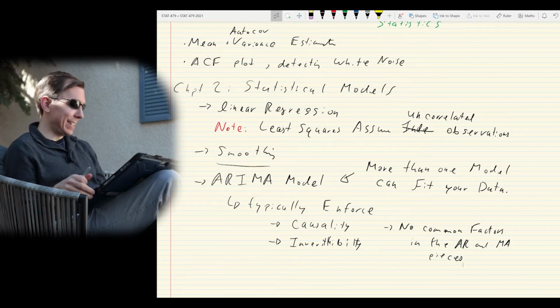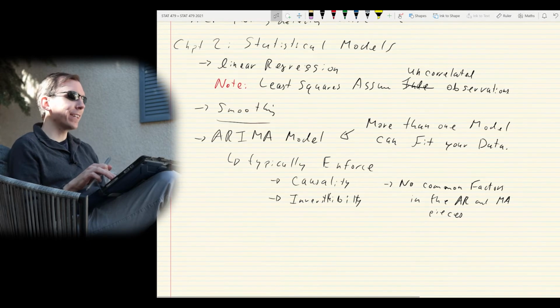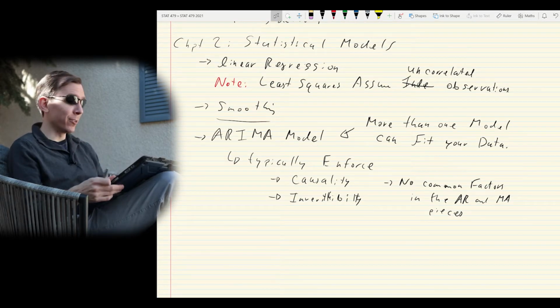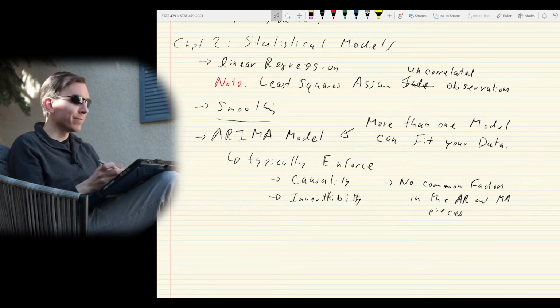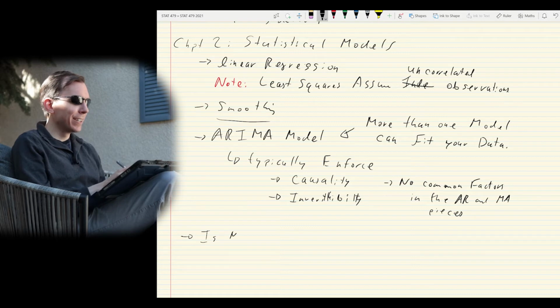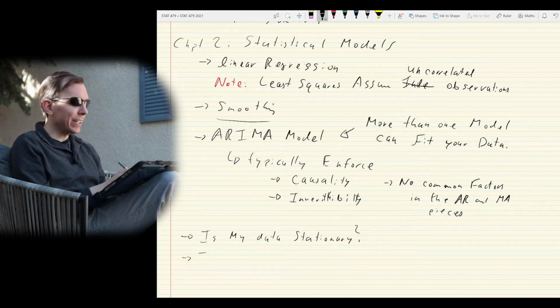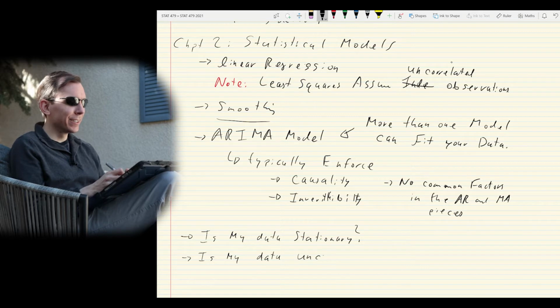All right, so in this section, what we also did was we talked about testing for stationarity and testing for autocorrelations. So some of the main things we're interested in this course is asking questions like, is my data stationary? Right? Or is my data uncorrelated?